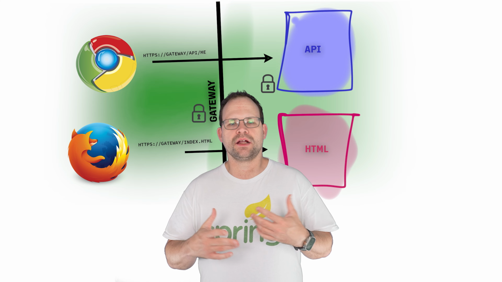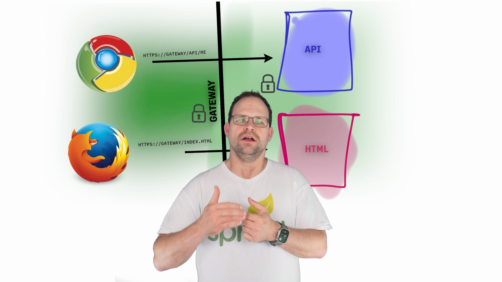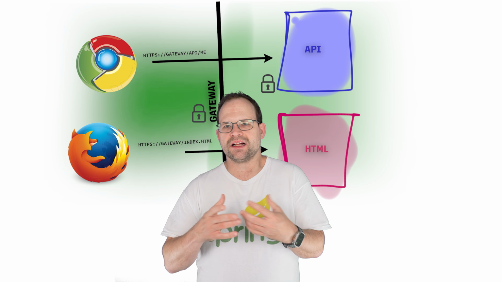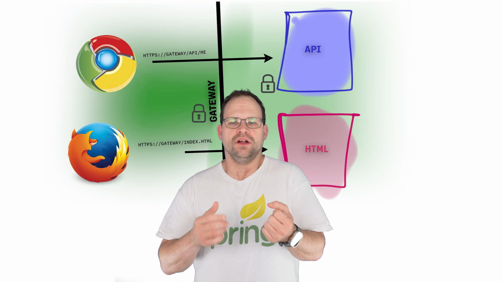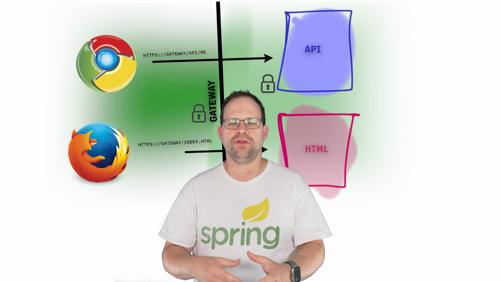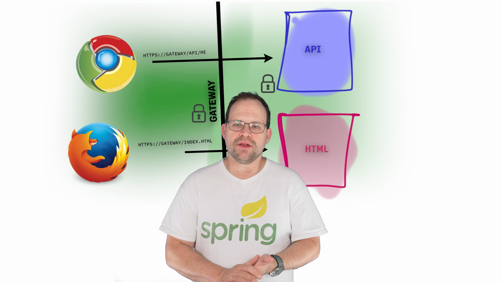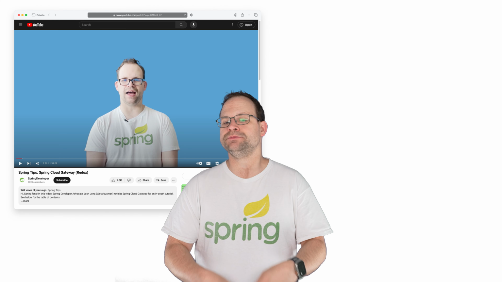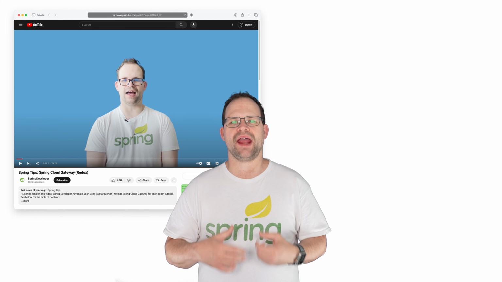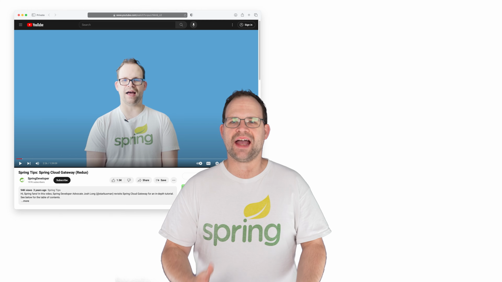In my architecture, I'm going to have a gateway that sits in front of both the statically hosted or just served JavaScript pages on one service and the backend API that the JavaScript application will talk to. That's the gateway. And in previous videos, we've looked at using the reactive Spring Cloud Gateway to make short work of exactly this, right?